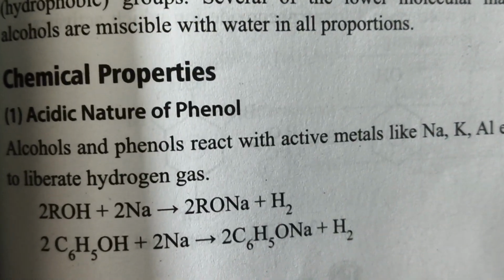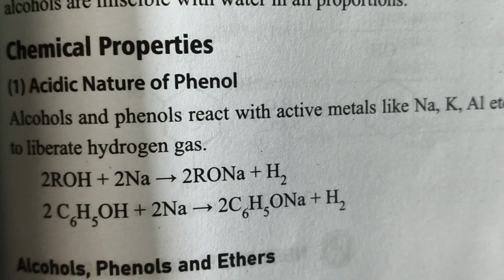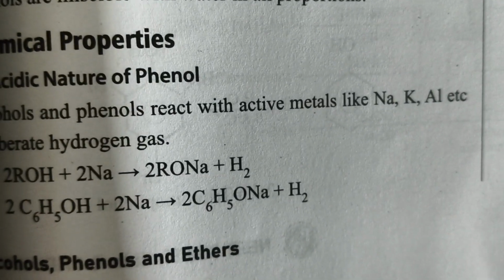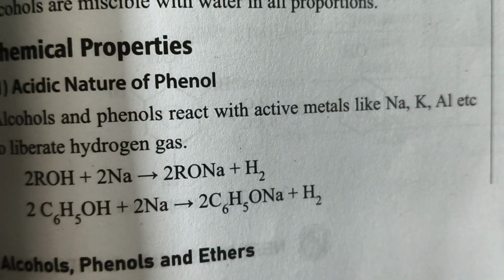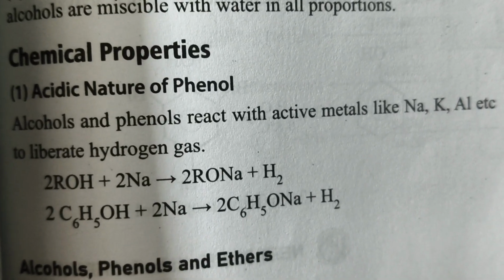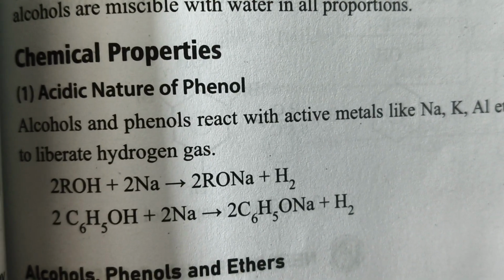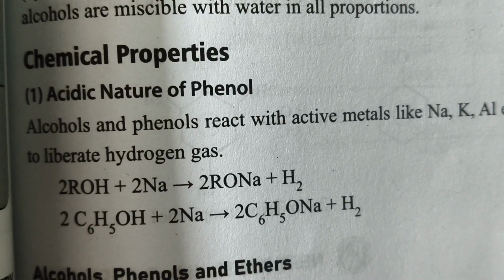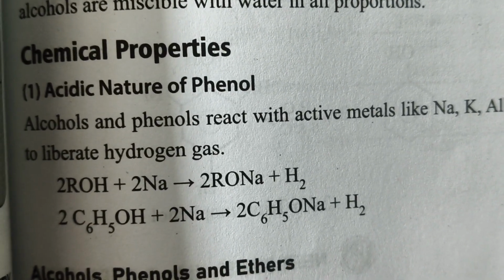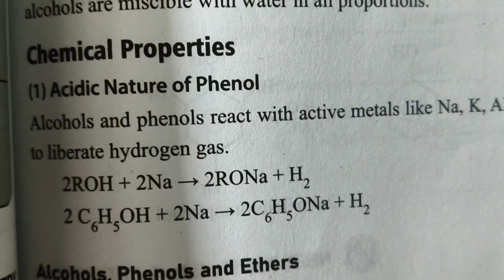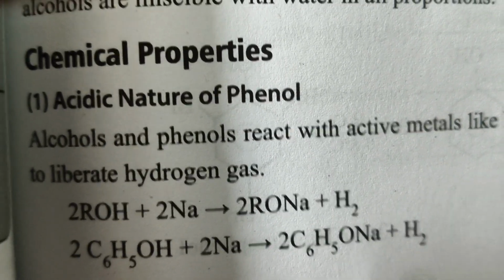Chemical properties. Acidic nature of phenol. Alcohols and phenols react with active metals like Na, K, Al, etc. to liberate hydrogen gas. 2ROH + 2Na → 2RONa + H2. 2C6H5OH + 2Na → 2C6H5ONa + H2.